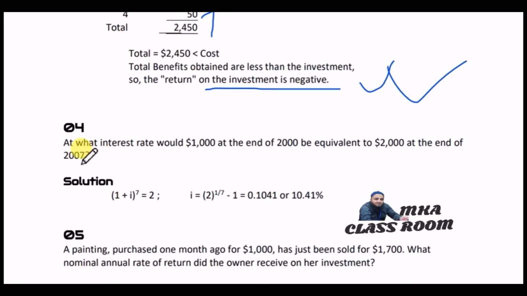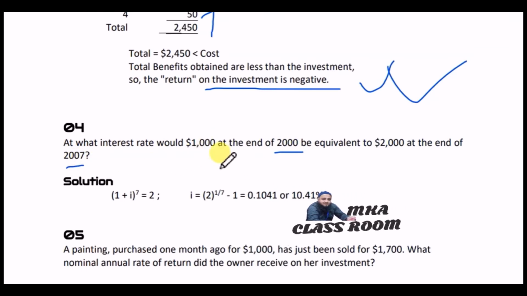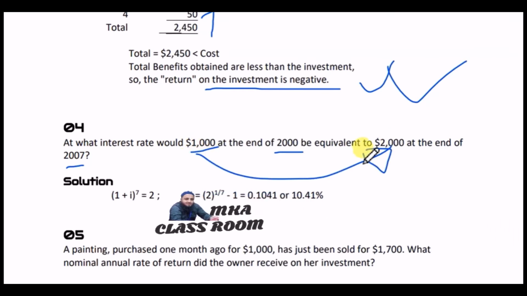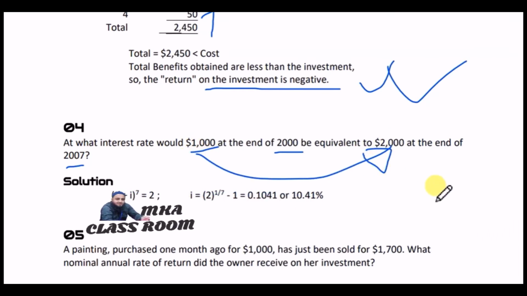Example 4. At what interest rate would 1000 at the end of 2000 be equivalent to 2000 at the end of 2007? So that is the year 2000 to 2007, that means n equal to 7 years. So 1000 turns into 2000, what will be the rate of interest?